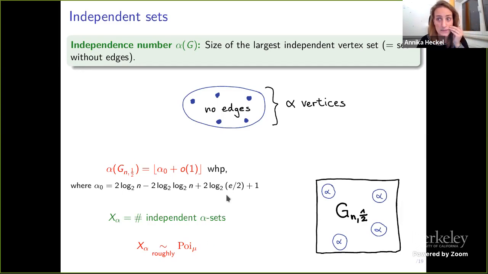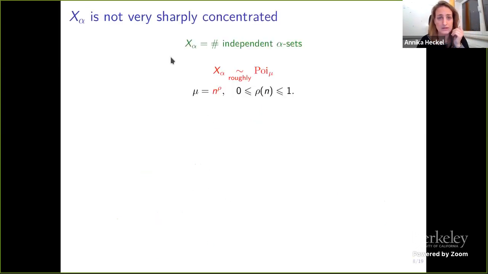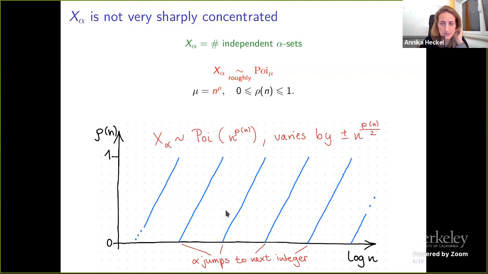Now, what's the mean? The expected number of independent alpha sets, you can write it as some power of n, and what the exponent is actually depends on n. So there are values of n where this exponent is close to 0, and there are values where it's close to 1. And if you plot the exponent, it kind of looks like this.